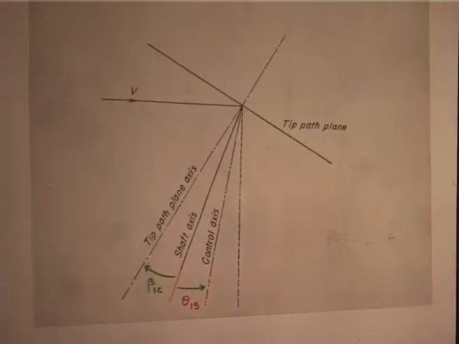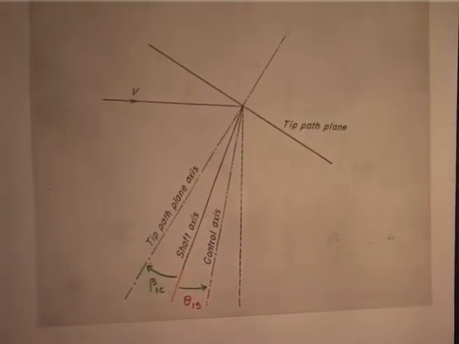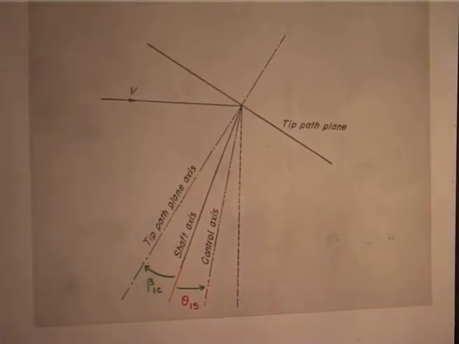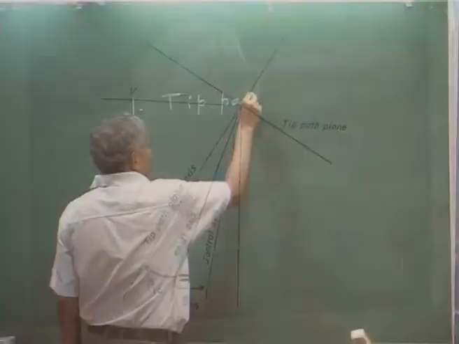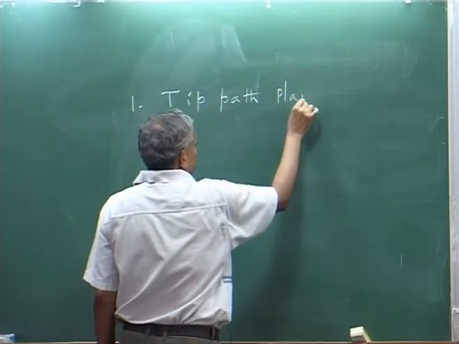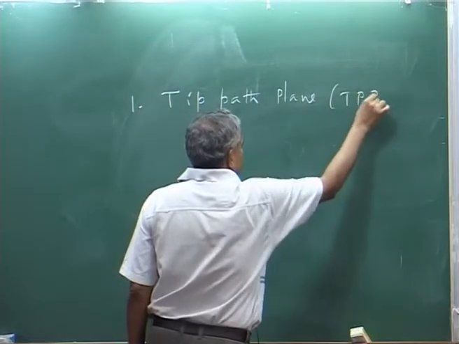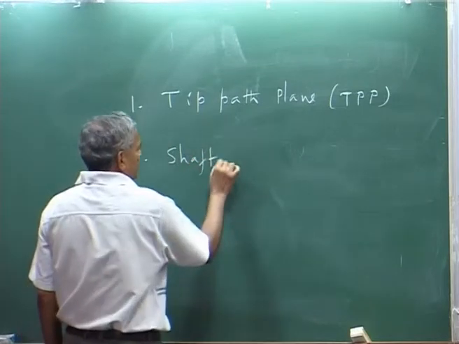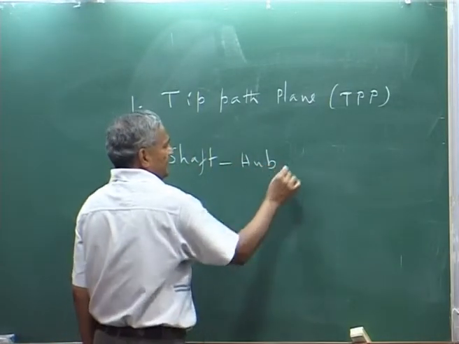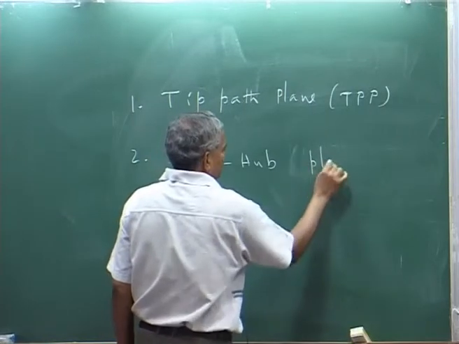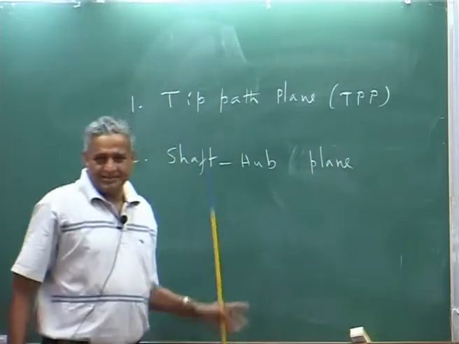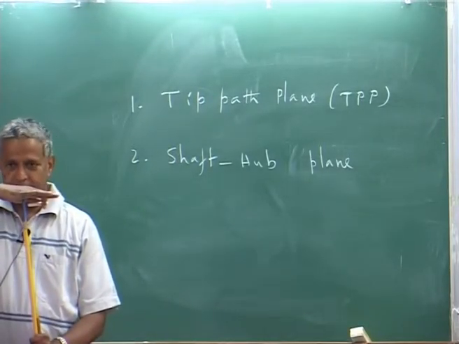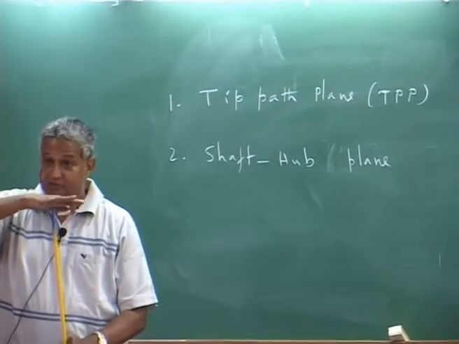No feathering plane, NFP. So I will write here some 3-4 planes. One is the tip path plane, this we call TPP. Then another one is the shaft, this we call the hub plane, because the hub is perpendicular to the shaft, and the shaft is attached to the helicopter.